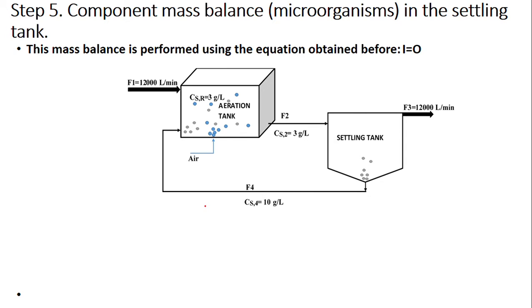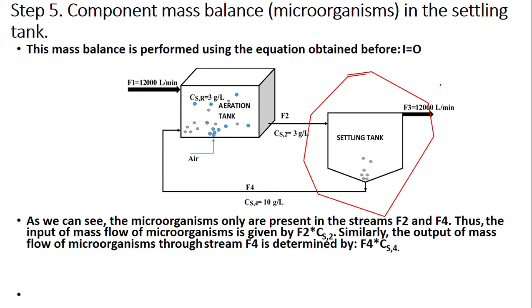Step 5. Component mass balance in the settling tank. As we can see, the microorganisms are only present in streams F2 and F4.